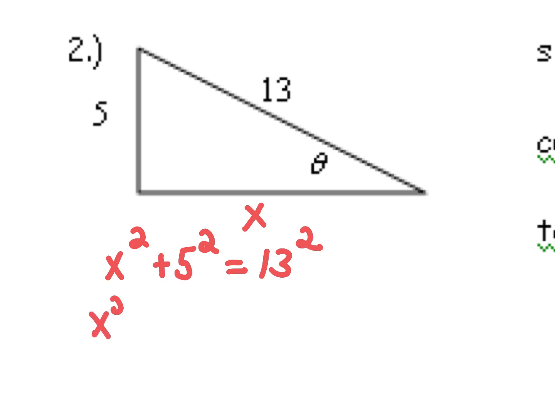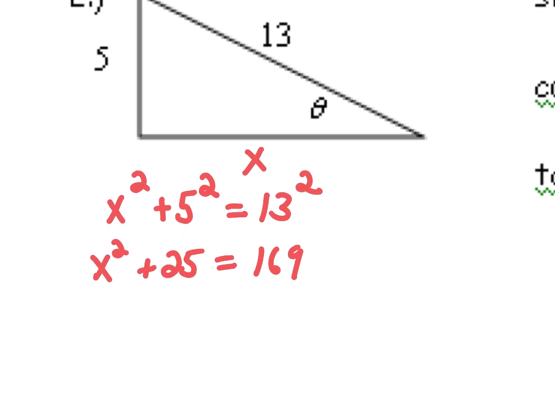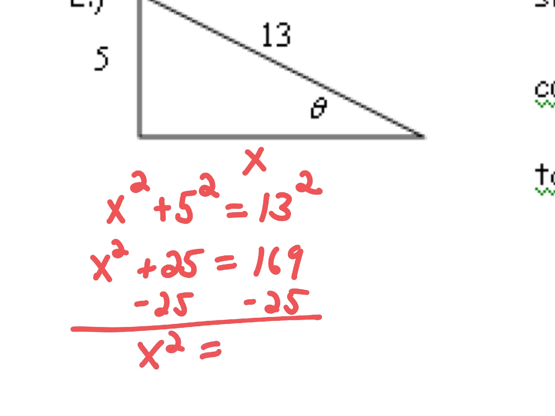So we got x squared plus 25 equals 169. I would then go ahead and subtract 25 from both sides. And we get 144, which is so nice because that's then just a perfect square.